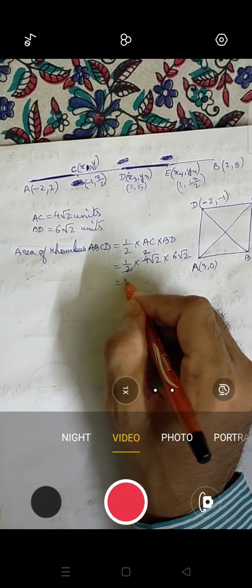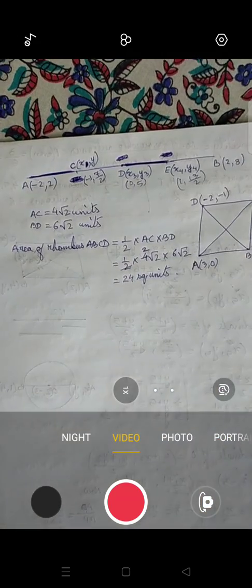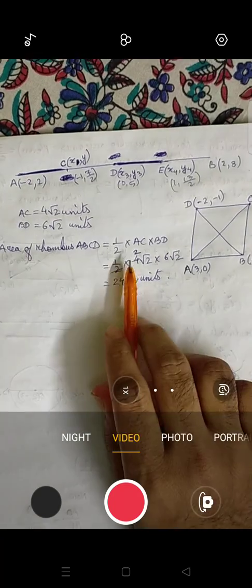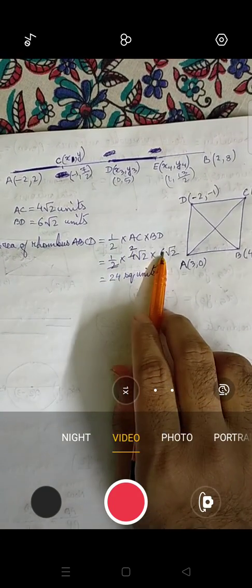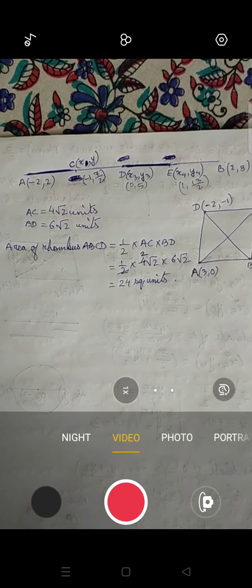So you will have the answer 24 square units, because this is area. Is it clear? Or 2 6s are 12, root 2 into root 2 is 2, so 12 2s are 24. It's up to you how you want to solve. So this is your answer, that's all.